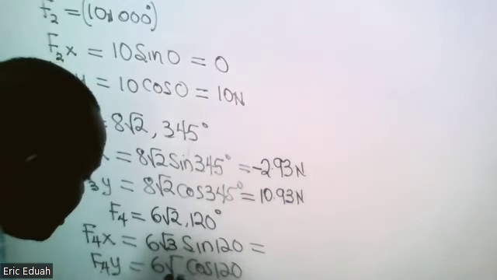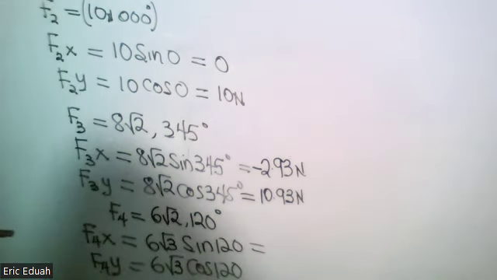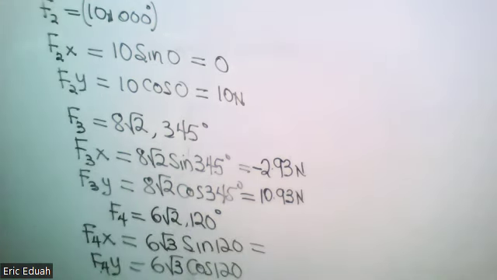You're also marking me boot for boot. That's good. So 6 root of 3 times sine of 120. What did you get for 6 root 3 times sine 120? 9.